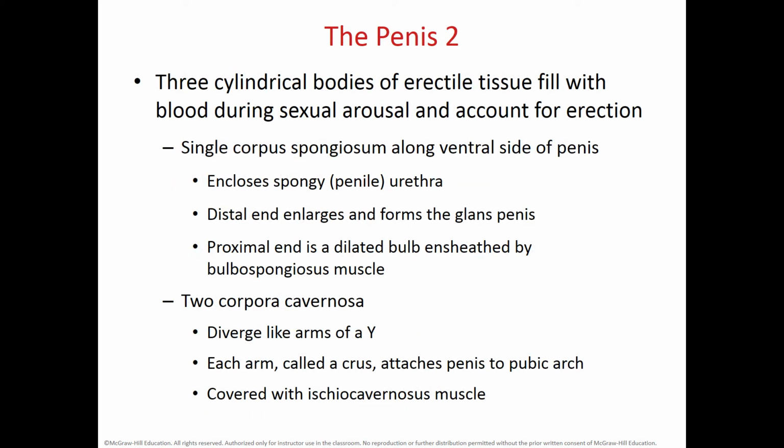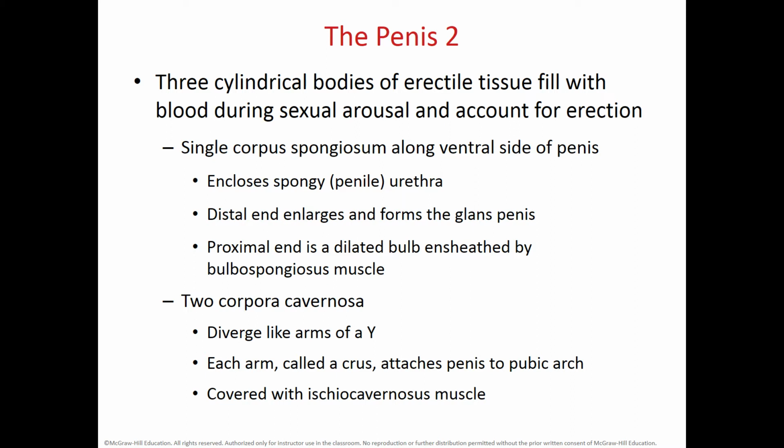Internally, the penis is made by these cylindrical structures, the paired corpora cavernosa and the single corpus spongiosum. The corpus spongiosum encircles the spongy or penile urethra, and then they dilate or enlarge in the glans.